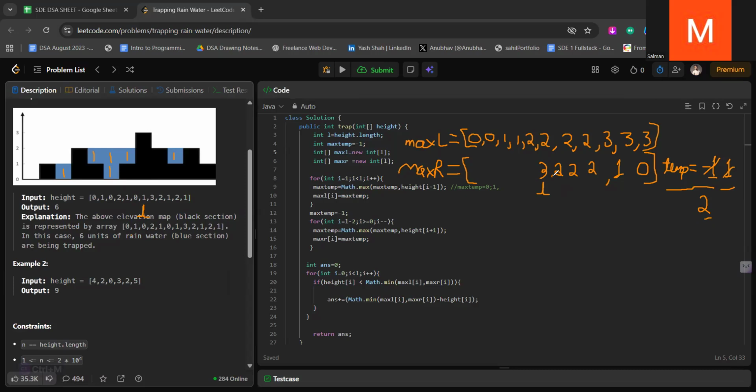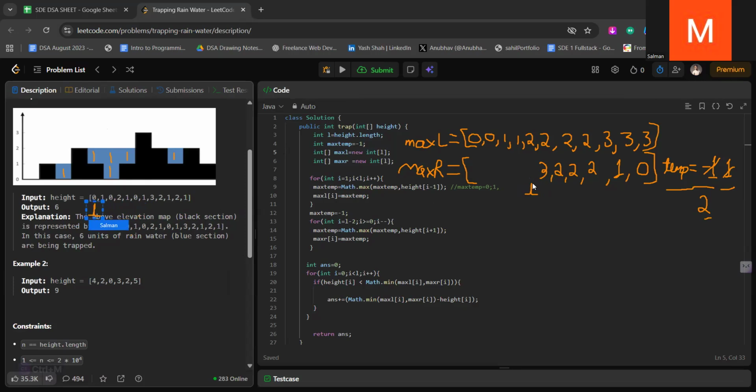So simply I did this with this max R and kept updating the ith index, and ultimately I got the array which had the maximum of the left side of all the elements, right? So for this 0, what do you think will come out as the answer? Will be 3, will be 3, will be 3, and still it will be 3.